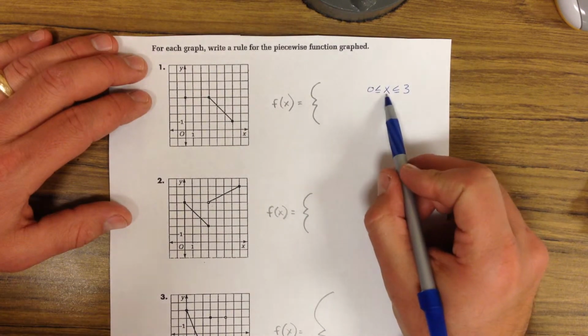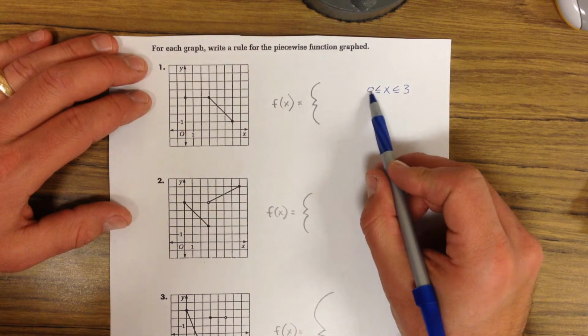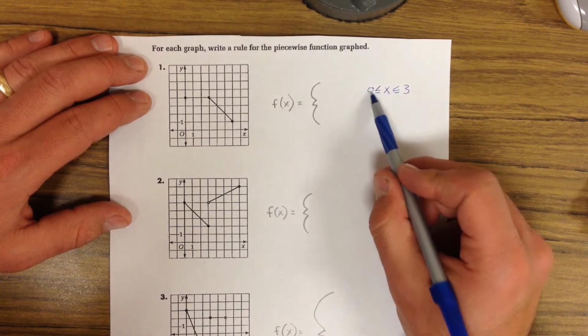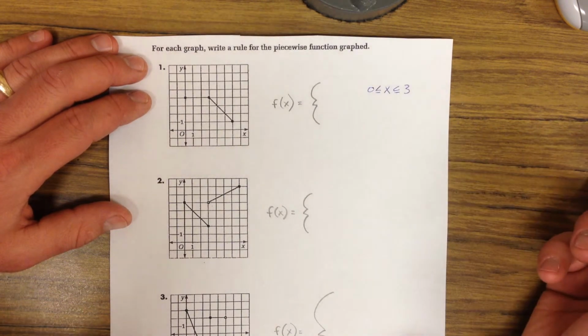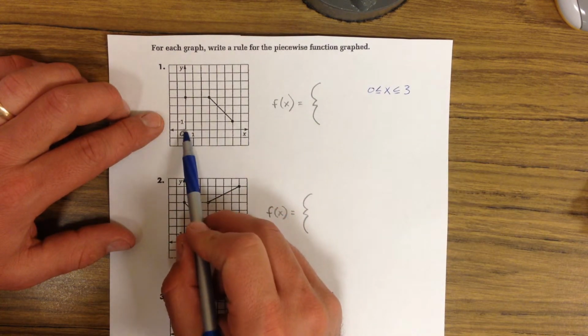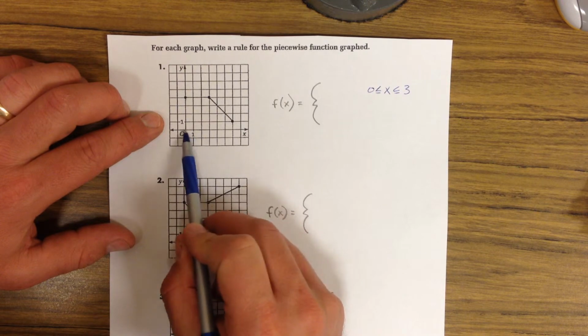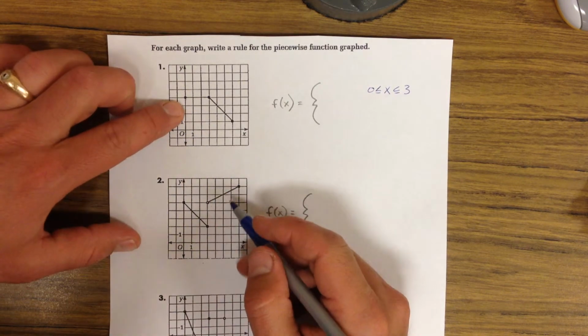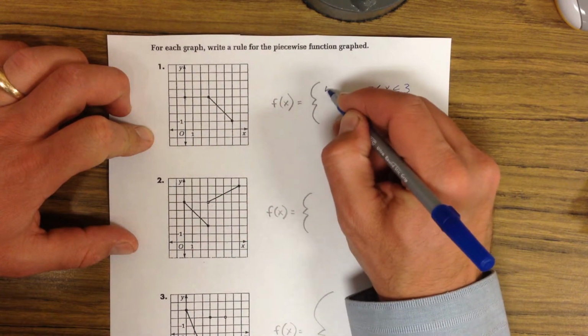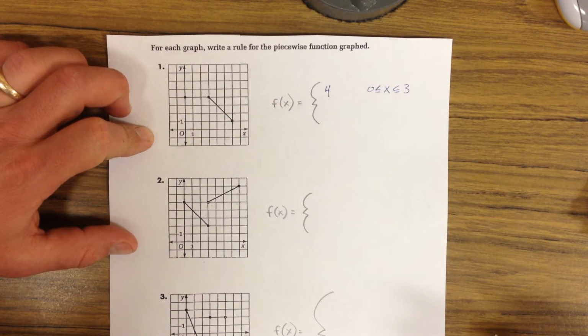So this is saying that x is greater than or equal to 0 and less than or equal to 3. So it's in between those two, and that's what's happening between these two dots. Your x-coordinate is 0 to 3. All right, and that's the function y equals 1, 2, 3, 4. So your function is just 4.